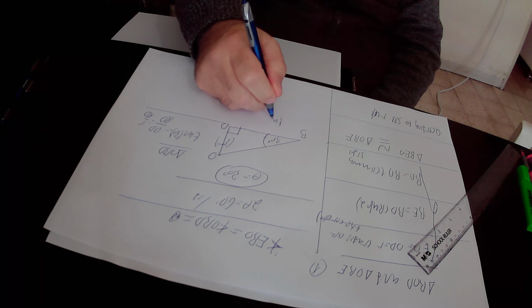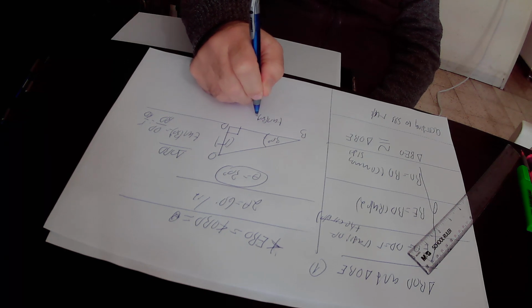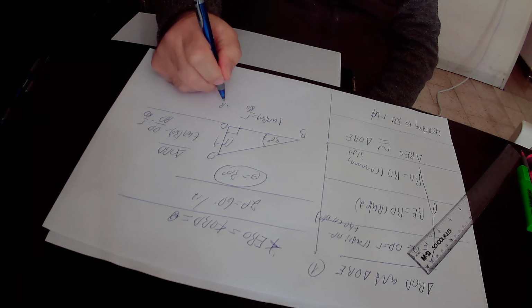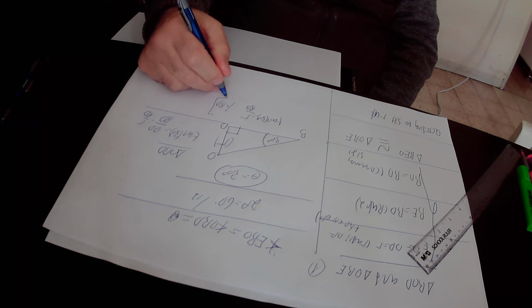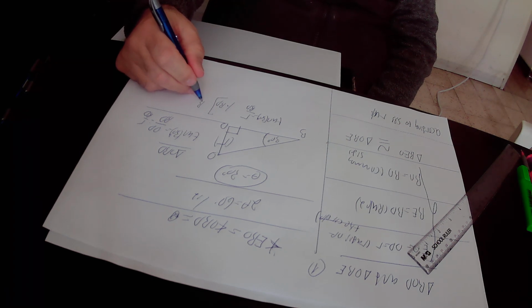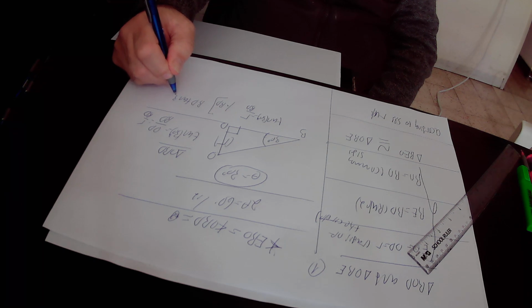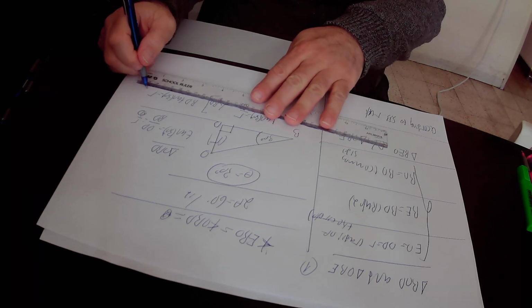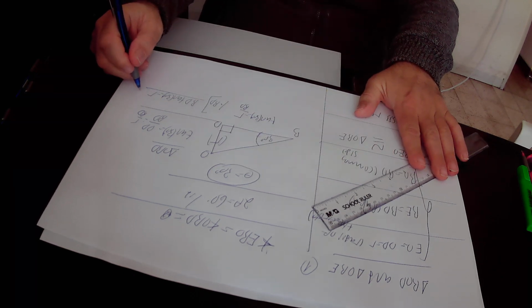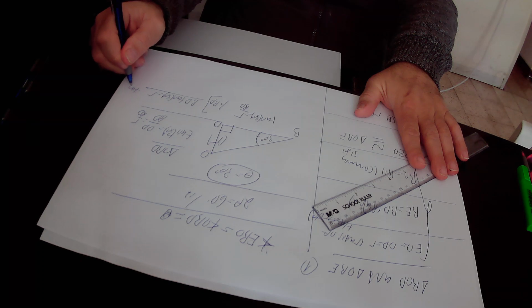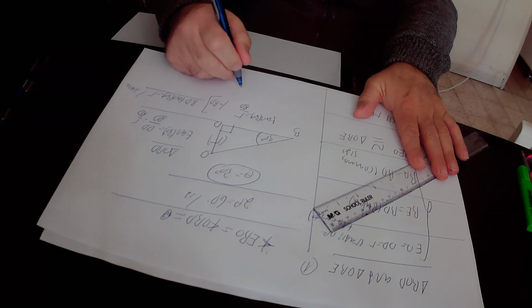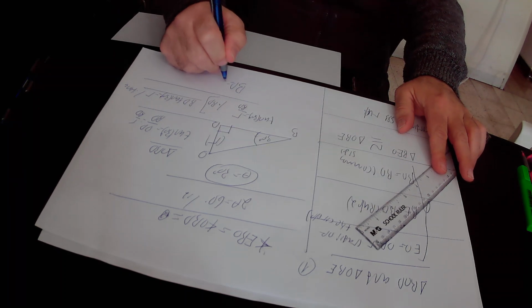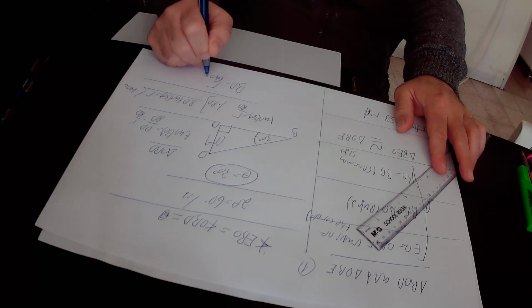So tan 30 degrees equals R over BD. Here we multiply this equation by BD, and we get that BD times tan 30 degrees equals R. Here we will divide this equation by tan 30 degrees, and we get that BD equals R over tan 30 degrees.